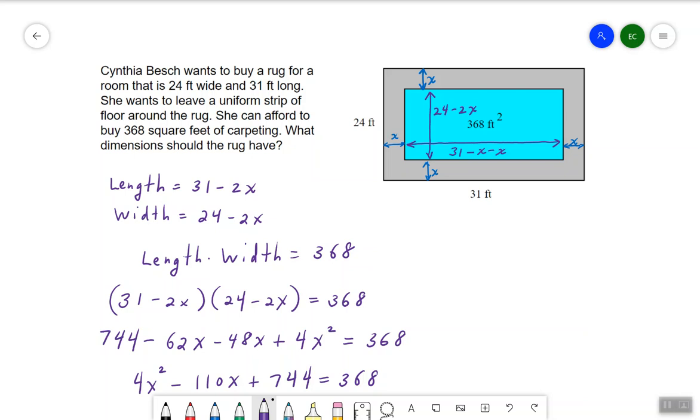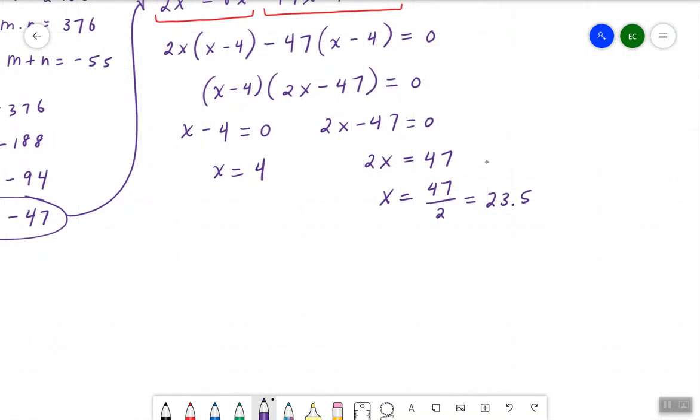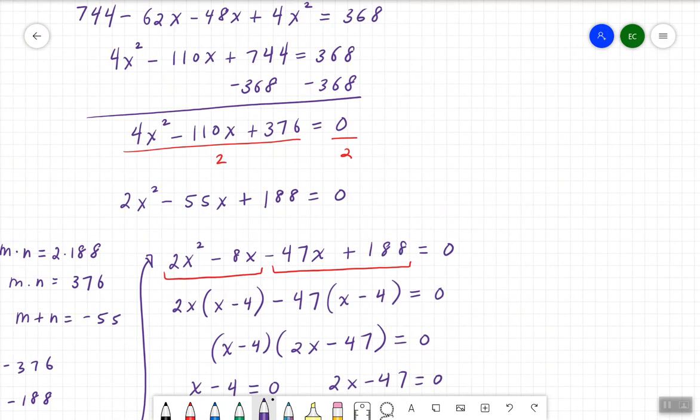But 23.5 feet is too big, because if you had 23.5 feet of exposed floor over here on the left and another 23.5 feet of exposed floor on the right, there wouldn't be any room for the carpet in the middle, because there's only 31 feet total all the way across the room. So the 23.5 feet is a bad answer, and we have to throw it out. And so the only reasonable answer for x is 4 feet. So x is 4 feet.